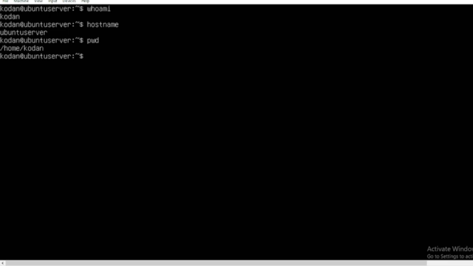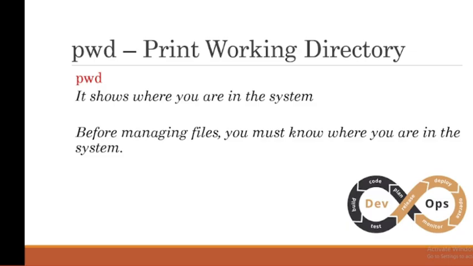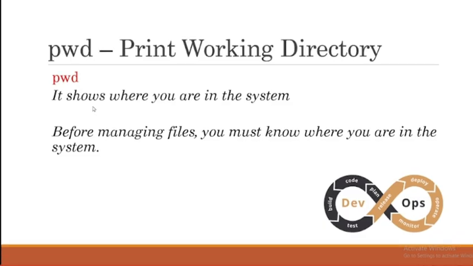For example, if we create folder A, and inside folder A we create folder B, it tells me I am in the home folder, and inside the home folder is another folder called codan. The print working directory command shows you where you are in the system.